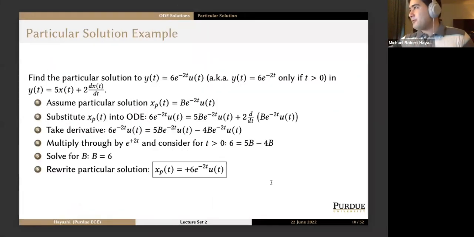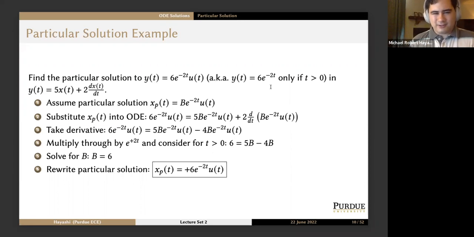All right, let's do an example with the particular solution. Find the particular solution to y of t equals 6e to the minus 2t u of t, which is in other words, you're saying y of t is equal to 6e to the negative 2t only if t is greater than 0, in the ODE y of t equals 5x of t plus 2 dx dt.